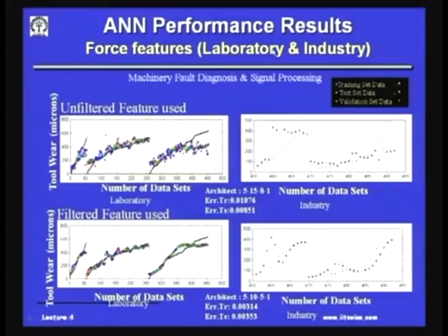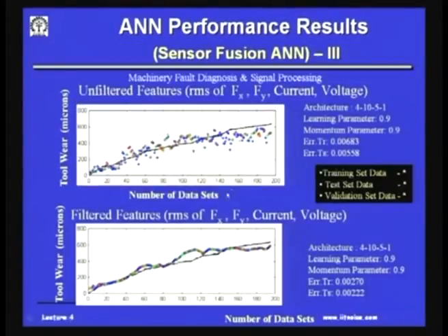Once we had the laboratory and industry results, we could estimate the tool wear in microns for the laboratory case and for the case of the industry. And we will know at what levels the tool is to be replaced only through such a model.